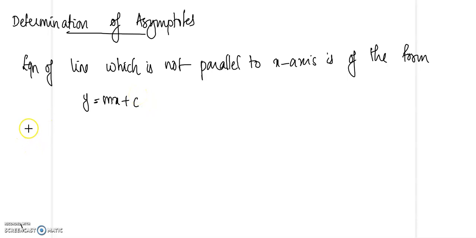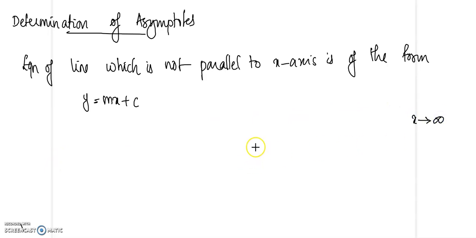Now നമ്മുടെ definition അനുസരിച്ച്, the point P will recede along the branch of the curve. അപ്പോൾ the point P has x coordinate, നമ്മുടെ x coordinate must approach infinity.